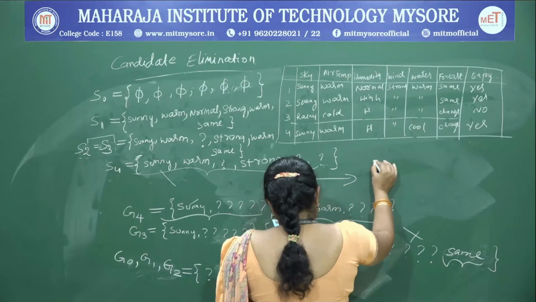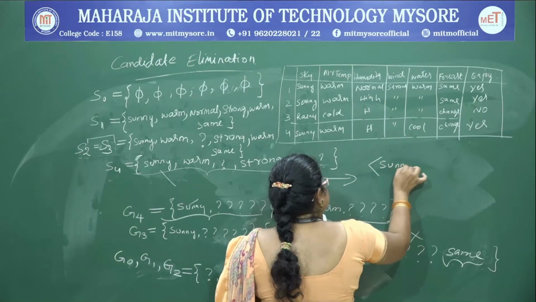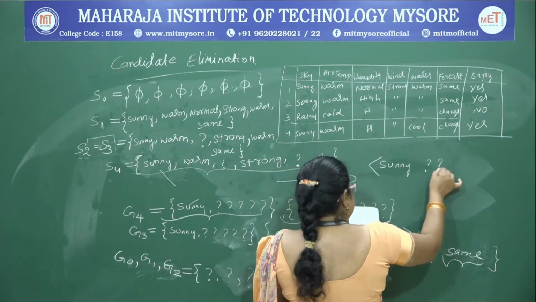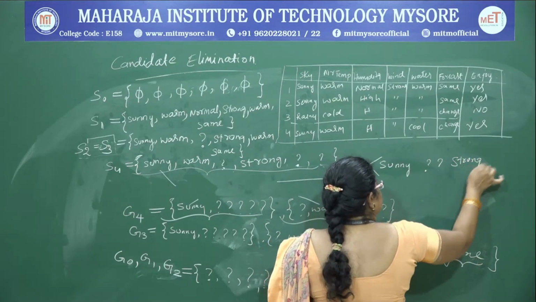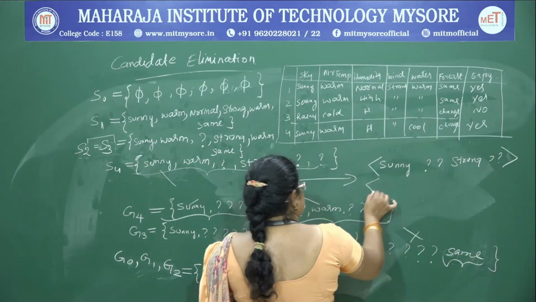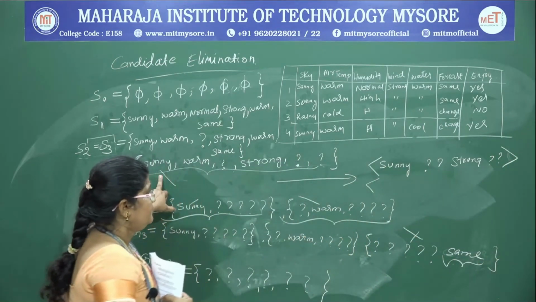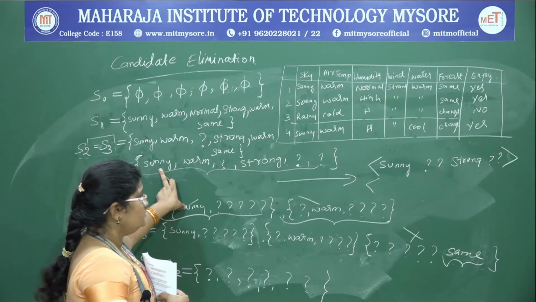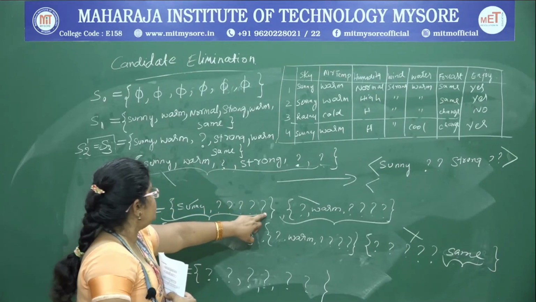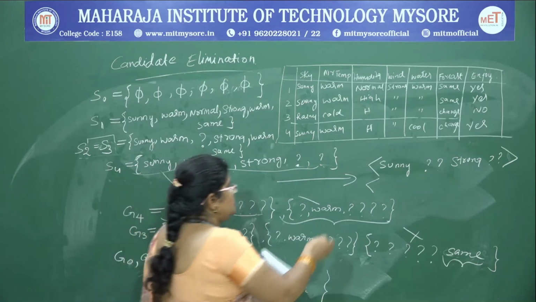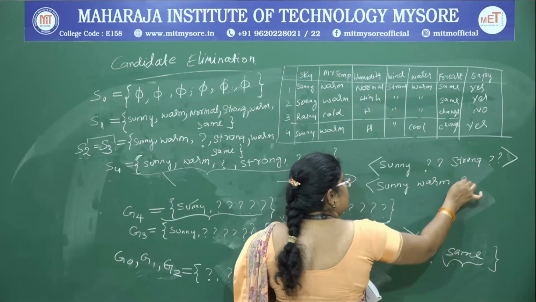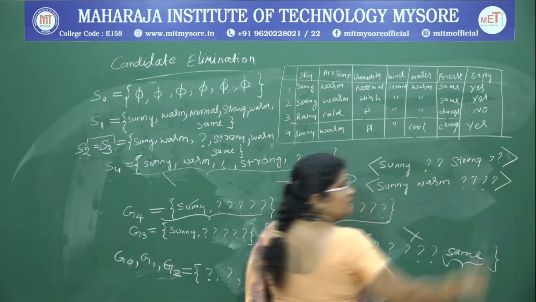Here is Sunny, question mark, strong, question mark. Next one is, see here, Sunny, comma, question mark, we are having the strong, question mark. The next one is Sunny, warm, question mark, question mark, question mark, question mark.